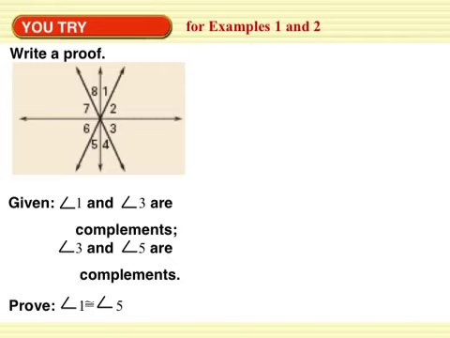So we can say that given angles 1 and 3 are complements, angles 3 and 5 are complements. So we need to prove that angle 1 is congruent to angle 5.